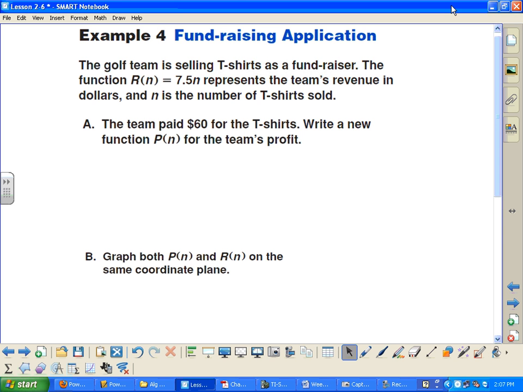Is that a plus or a minus? Minus, okay? Does that affect it horizontally, which is the number of shirts sold, or vertically, which is the profit? Vertically, okay? So that means I'm going to add it on to the end. So profit is equal to 7.5n minus 60.